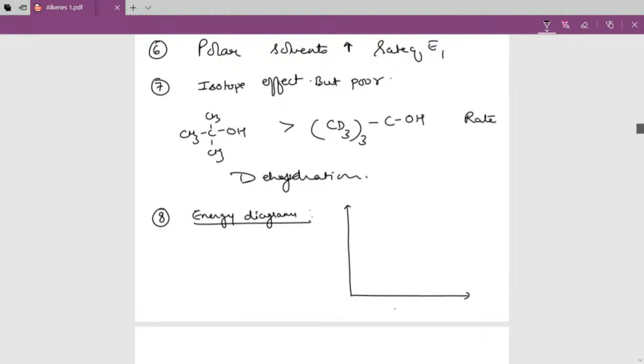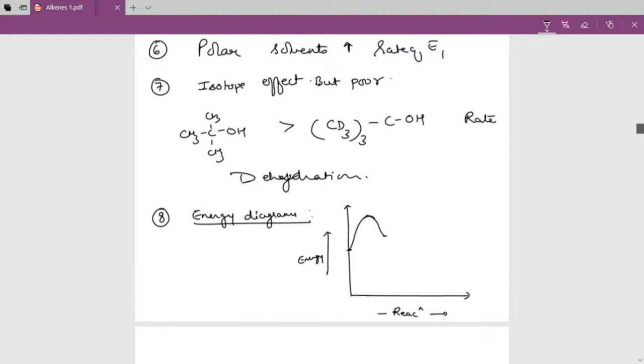Okay, this is the progress of the reaction. Here I'm using the free energy change. I'm starting with reactant, dehydration of alcohol, or not dehydration of alcohol, any E1 reaction.